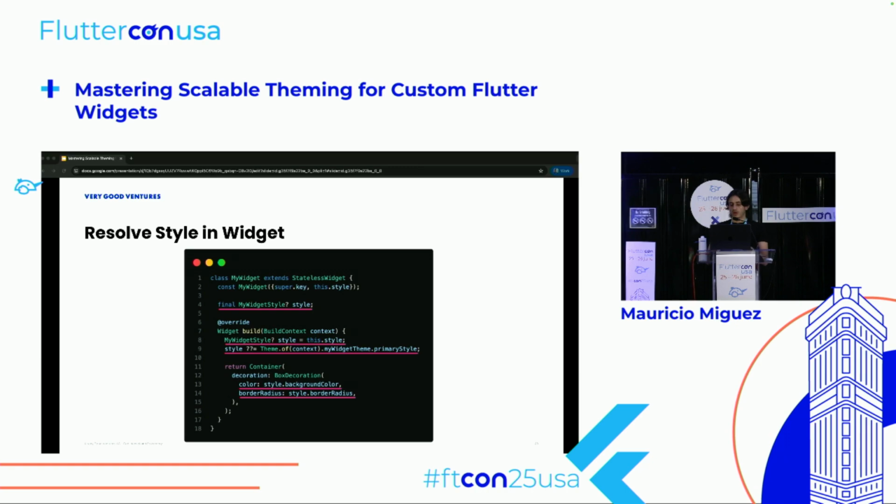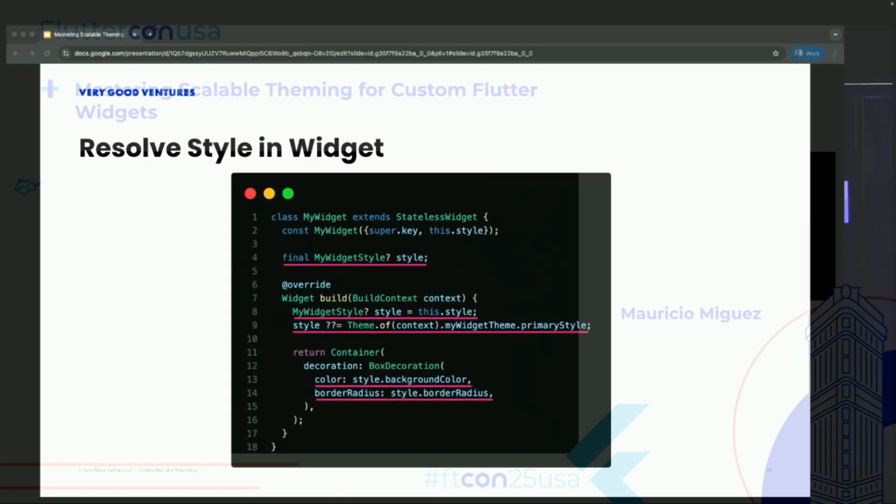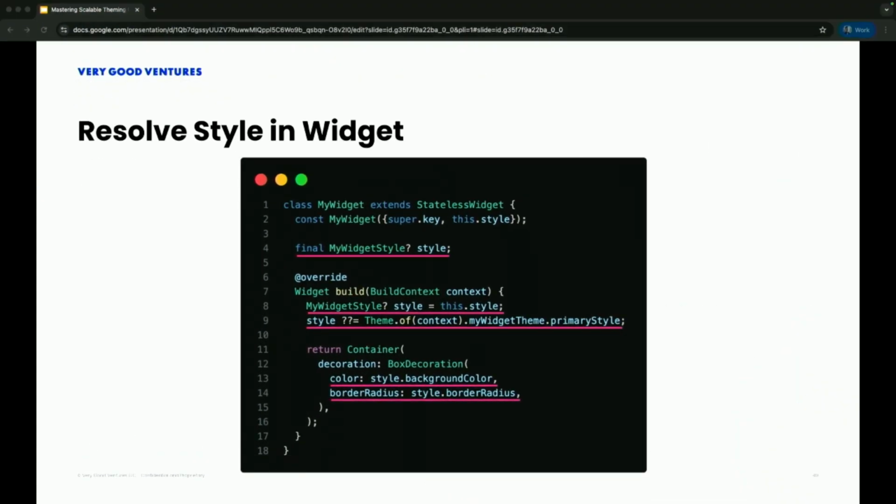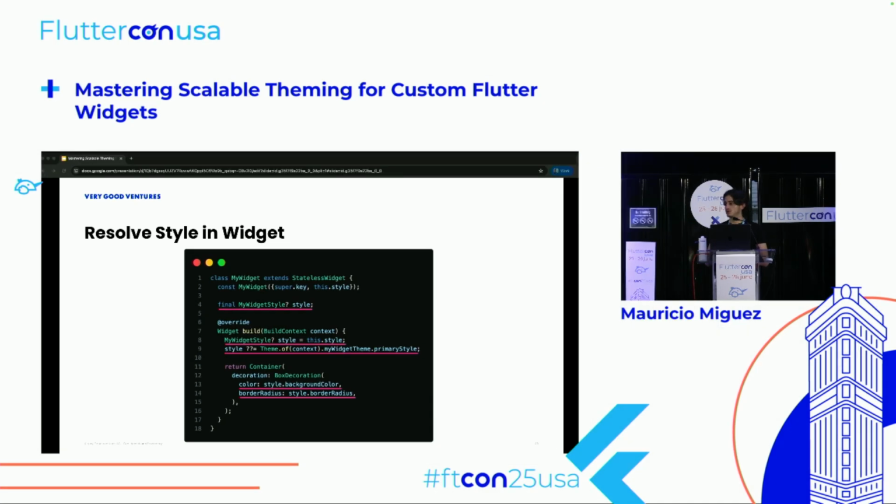Then we are going to take a similar approach to what we saw with Material widgets to resolve our style in our own custom widget. The first step is to check the style parameter. But if we have not supplied our widget with any style parameter, we will fall back to a particular style in our theme. As you can see here, I'm doing Theme.of(context).myWidgetStyle.primaryStyle, so we will be defaulting our widget to the primary style.